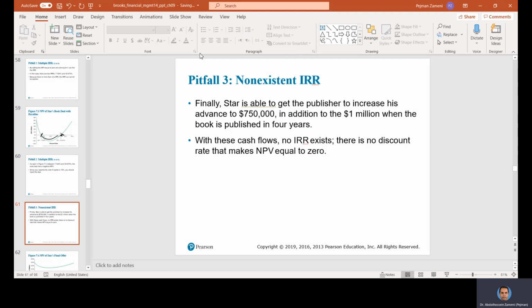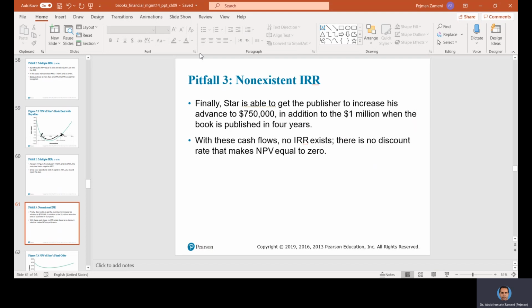Okay, another pitfall is called non-existent IRR. Finally, Star is able to get the publisher to increase his advance to $750,000 in addition to the $1 million when the book is published in 4 years. With these cash flows, no IRR exists.